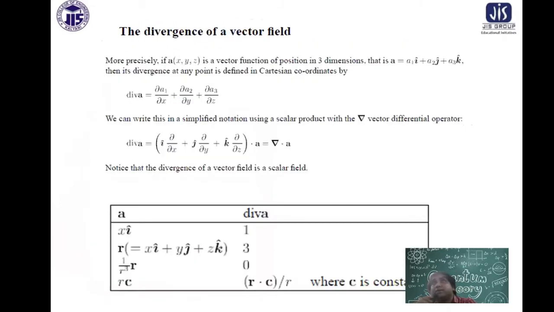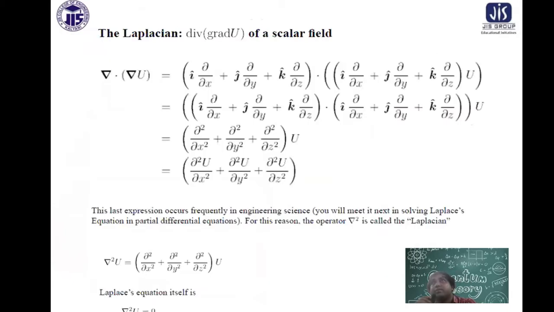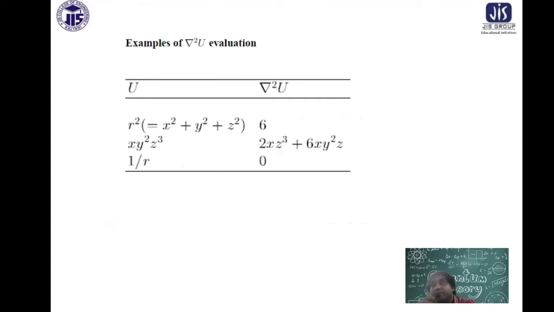Okay, that is the divergence of the vector. Now the Laplacian operator came into business. If you take the divergence of the gradient of a scalar function, you get the del square operator. It is called the Laplacian operator.